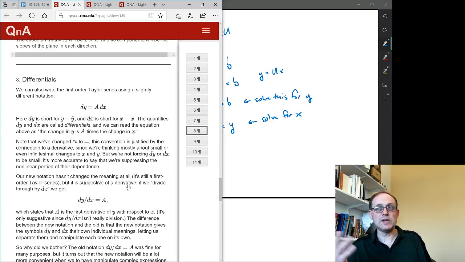Now, of course, we can't really divide by dx because division by a vector or a matrix is not directly defined, but that at least gives a connection between the familiar notation for derivatives, where we have just an operator dy by dx or d by dx, and here where we've separated out dy and dx and given each one an individual meaning.